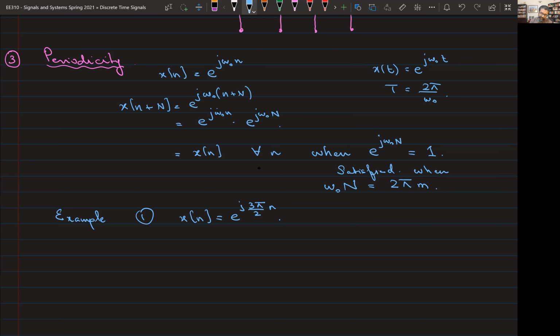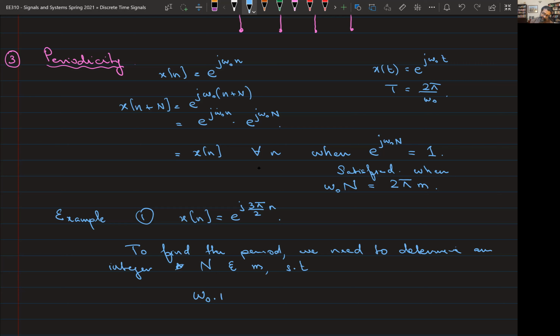And this is periodic. In order to find the fundamental period, we need to determine an integer capital N and small m, such that omega naught times capital N turns out to be some integer multiple of 2 pi, right?